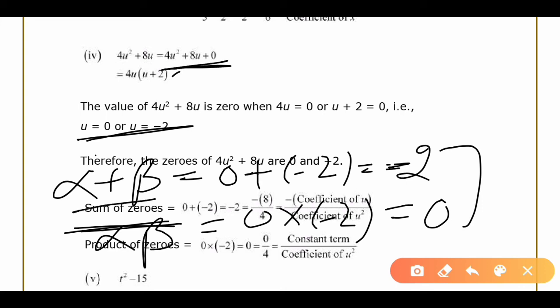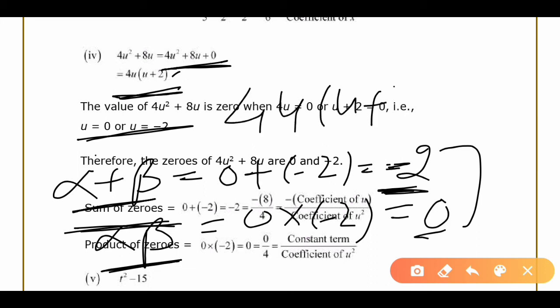Now you can see in the equation, alpha plus beta is equal to minus 2 and alpha into beta is equal to 0. So in this equation you can see u into (u plus 2) plus 0.